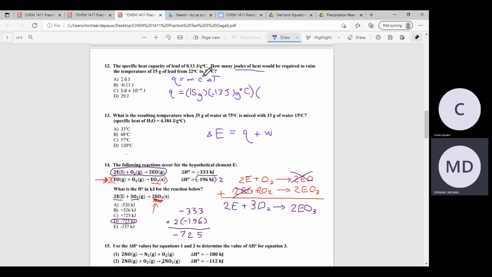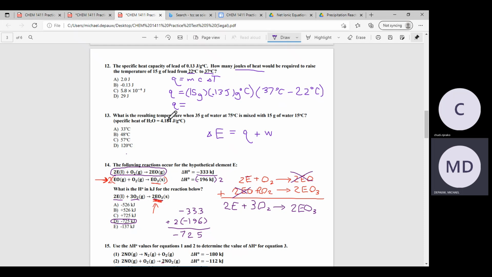It says you're going from 22 to 37. Here's your final temperature, here's your initial temperature. Final temperature minus initial temperature. In this case, the final temperature is higher, so that means that the system is absorbing energy, and Q will be positive.